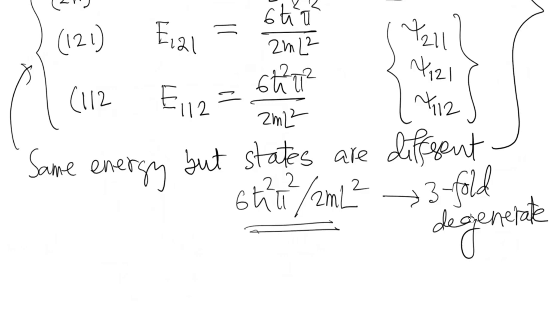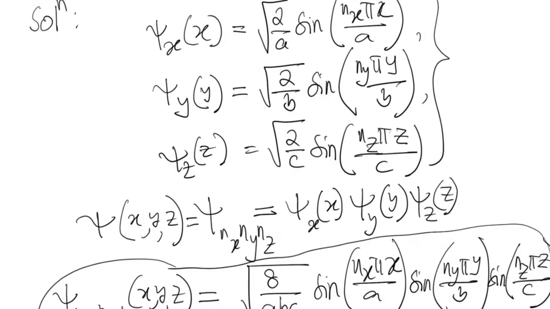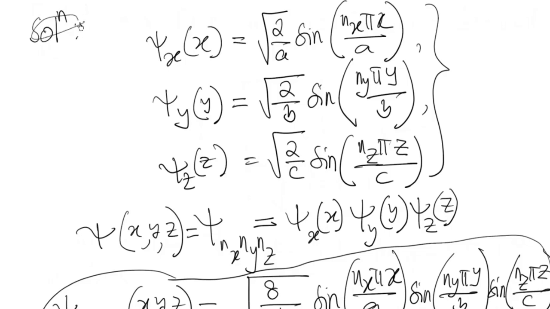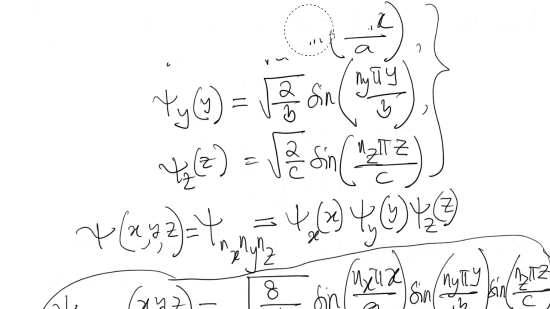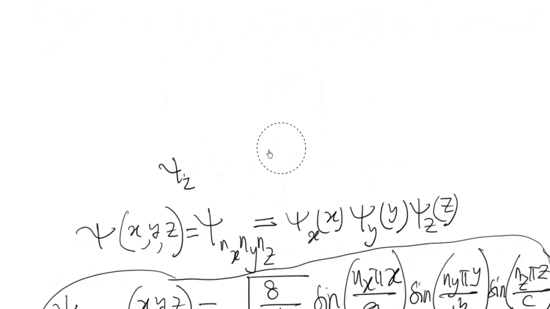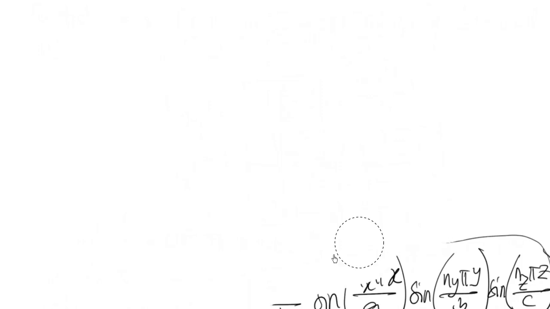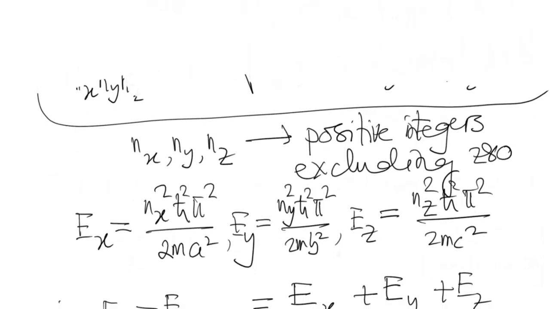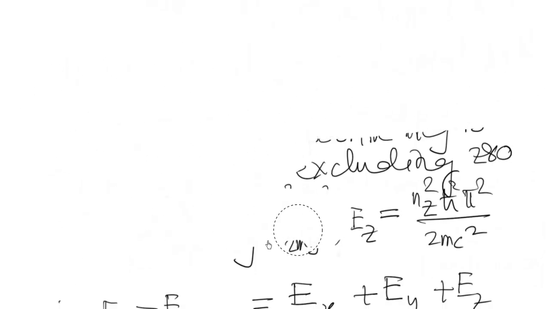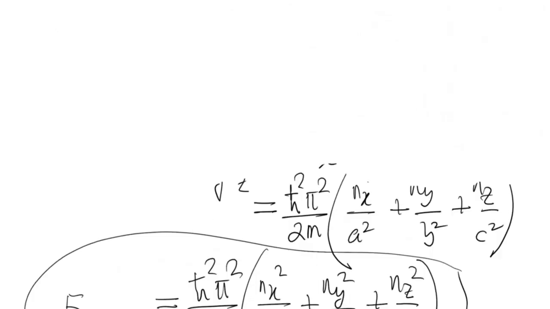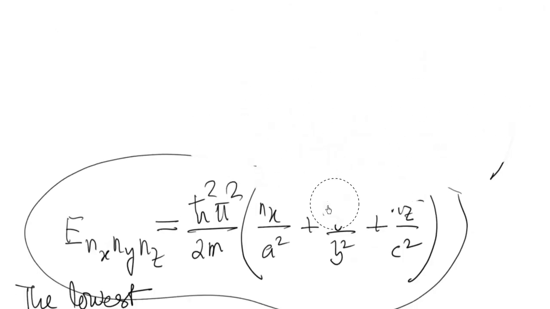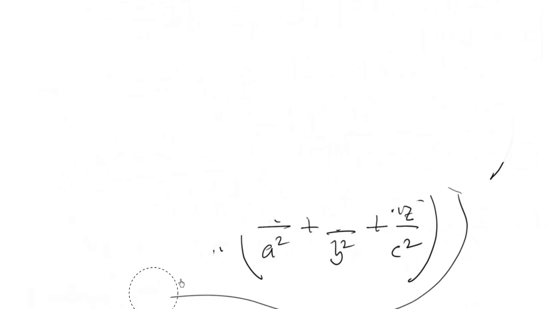Okay, now we shall consider quantum well, quantum dot, and quantum wire. The problem that we have solved here is a quantum well, where each side of the box is set equal to a constant. If the length of the sides are finite, then we can say that the box is a quantum well.